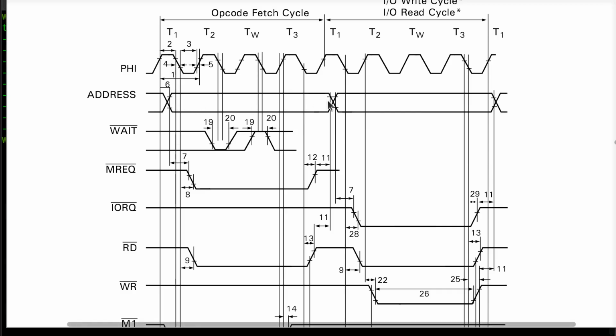The timing constraints are such that the address bus is guaranteed to be stable prior to the falling edge of the read and MREQ signals, and will continue to be stable after a certain hold time after these things go high. At the end of this cycle, MREQ and read both go high as a result of a falling edge on T3, as shown here with this distance, how many nanos after this.